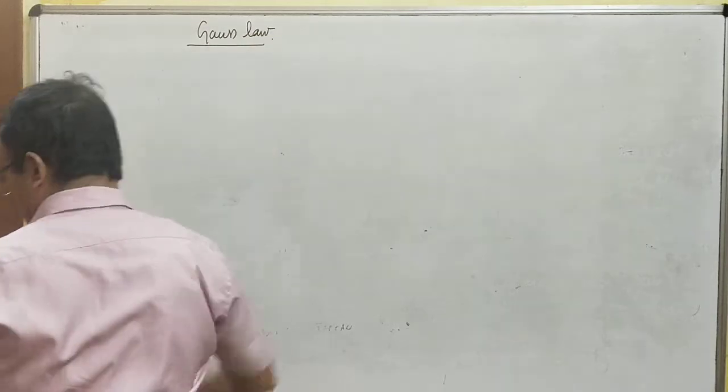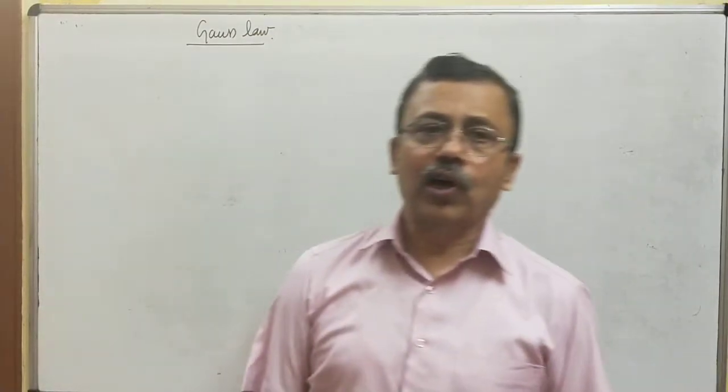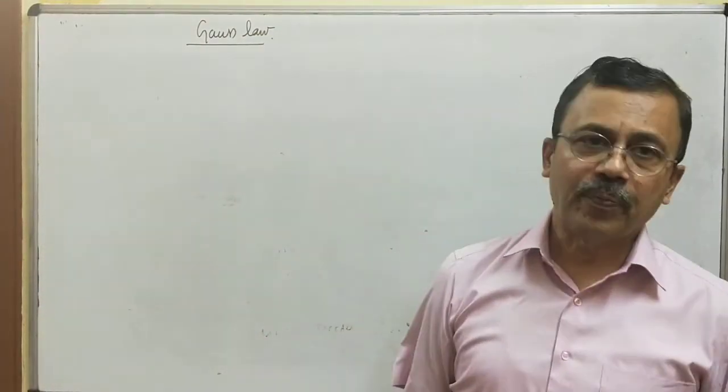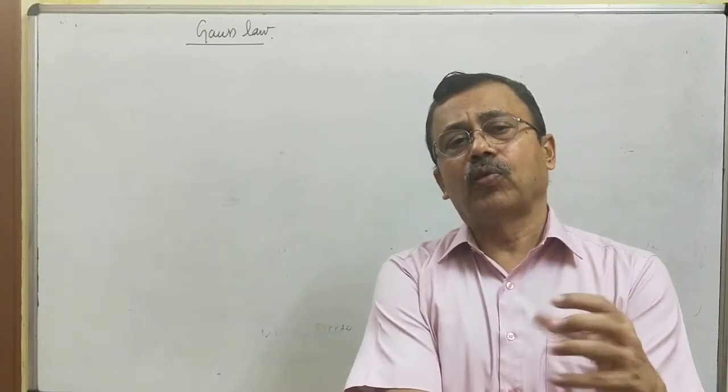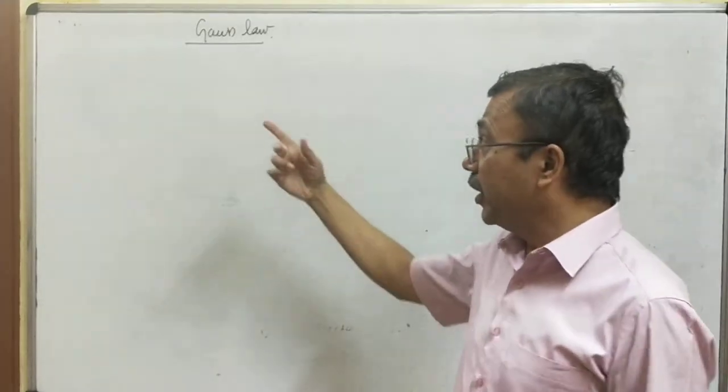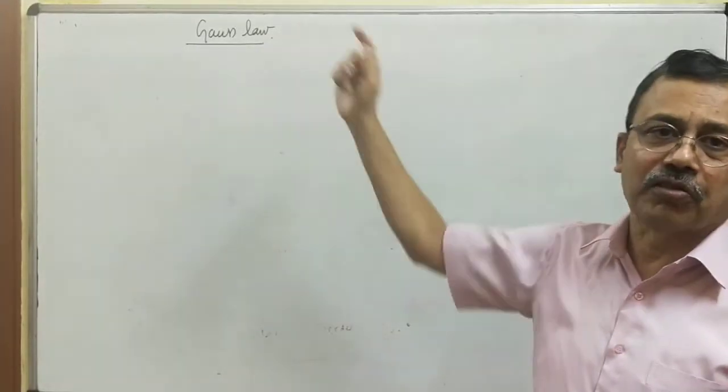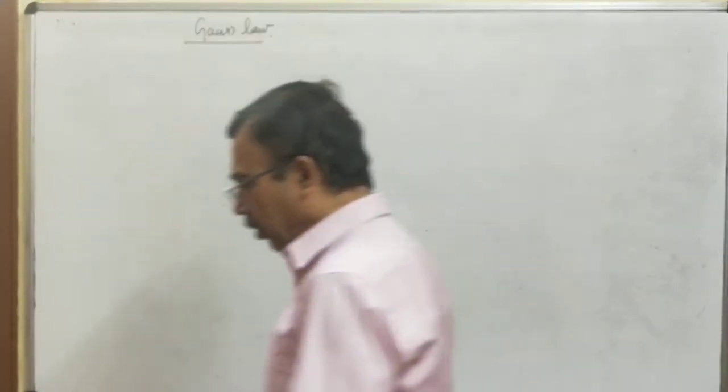Very important law. See, Coulomb's law is an experimental law. The result of Coulomb's law can be validated analytically by using Gauss law. So let me give the statement of Gauss law.